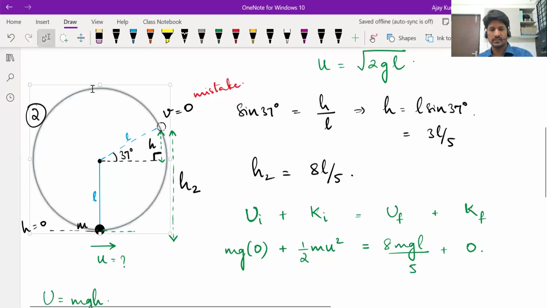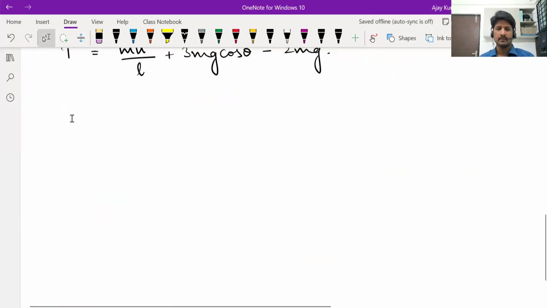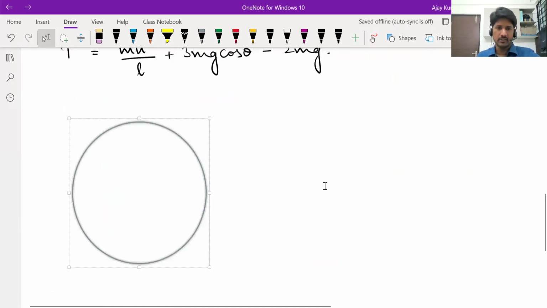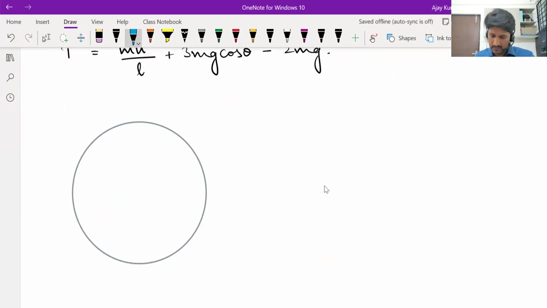Let us visualize that once again. We'll assume it was moving along the circular path, starting from here, and let's say it has reached somewhere here and the speed there became 0. Then it's a ball at rest. Gravity will be acting on it, in the vertically downward direction.